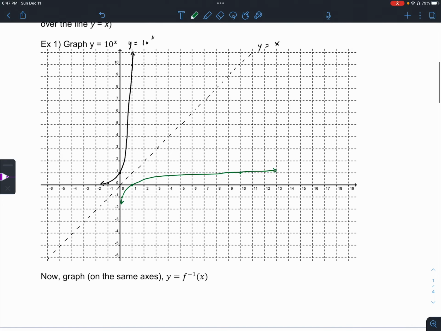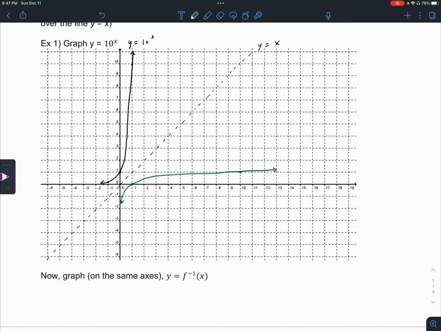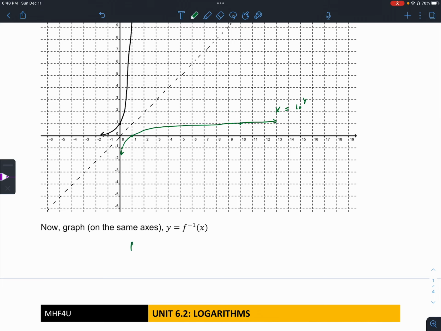This function can be written in two ways. As we've seen before, it can be written as x is equal to 10 to the exponent of y, or a new way of writing it: f inverse of x is log to the base 10 of x.